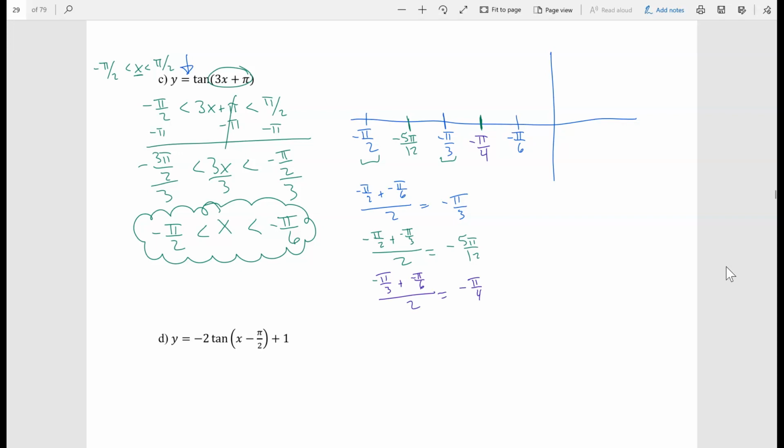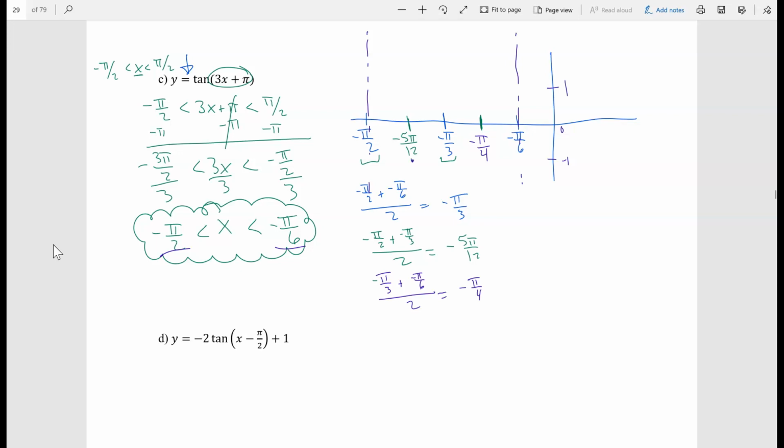Now all we have to do is figure out what the tangent looks like. Know that the tangent is going to have asymptotes at these endpoints. Then all we have to think about is what the pattern was: negative 1, 0, and 1.